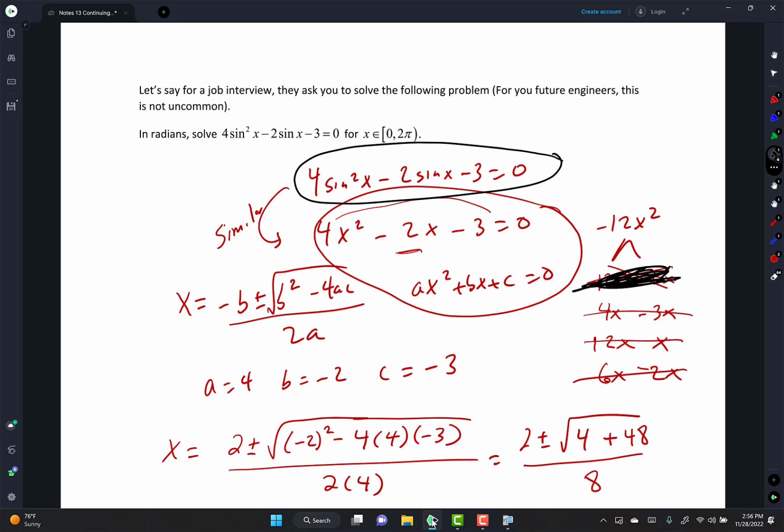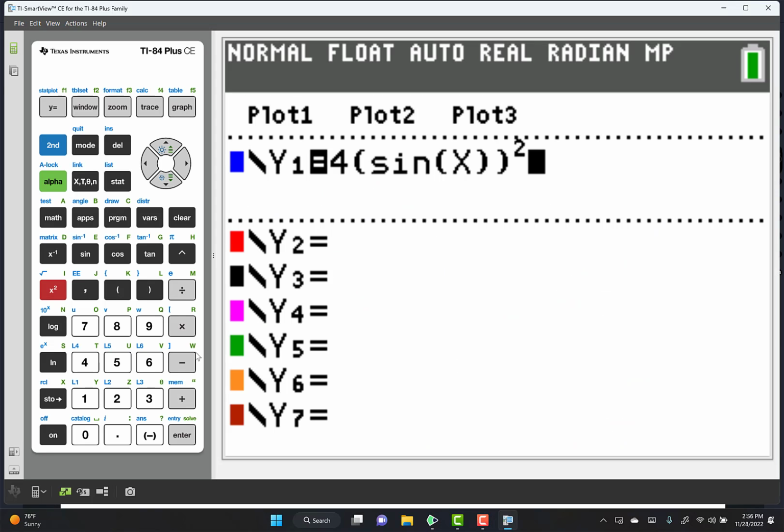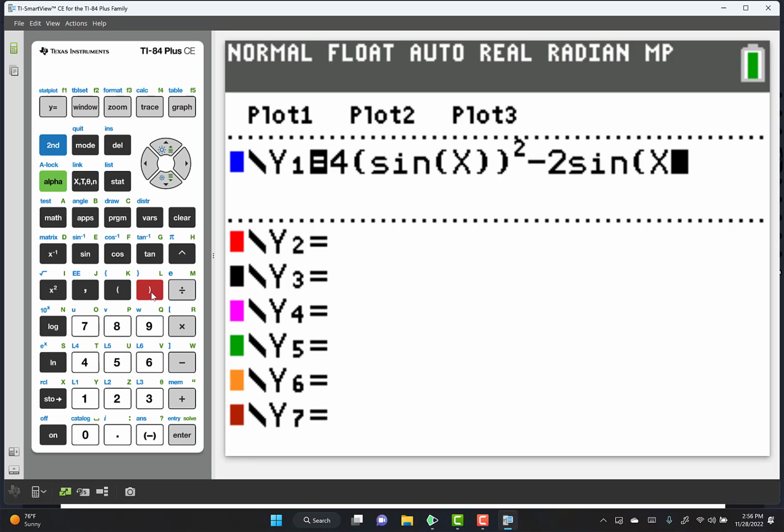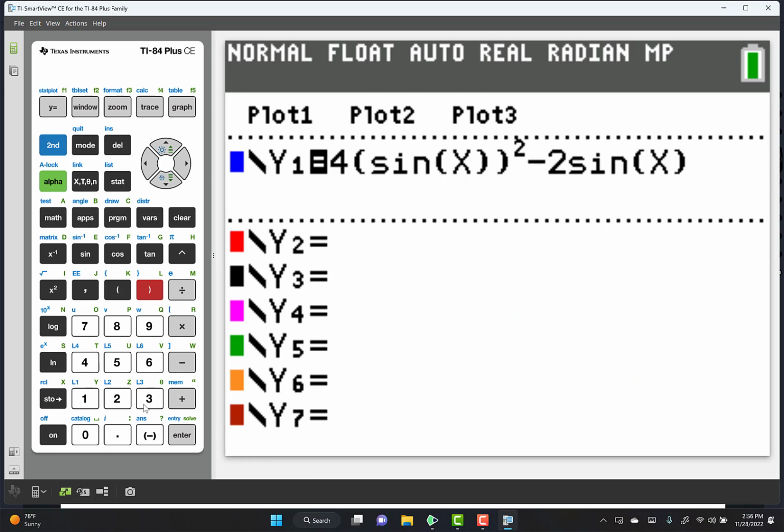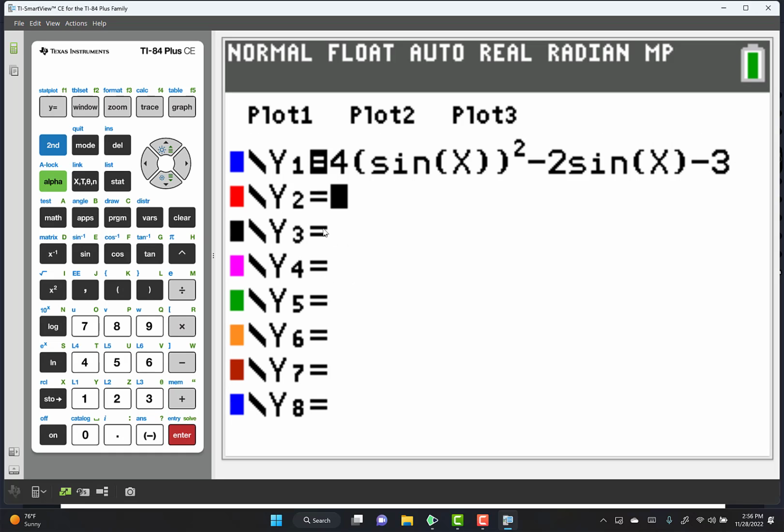And I already forgot the equation. 4 sine squared x minus 2 sine x, close, minus 3.